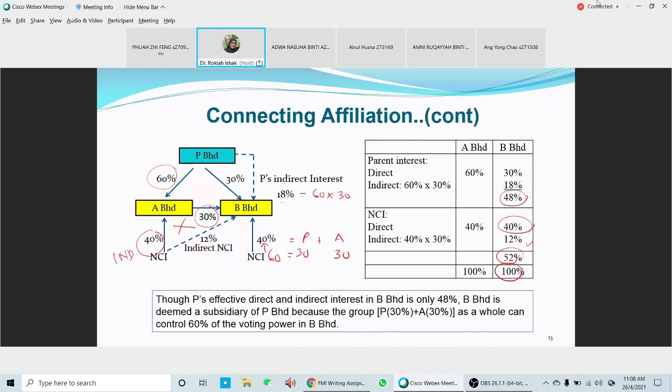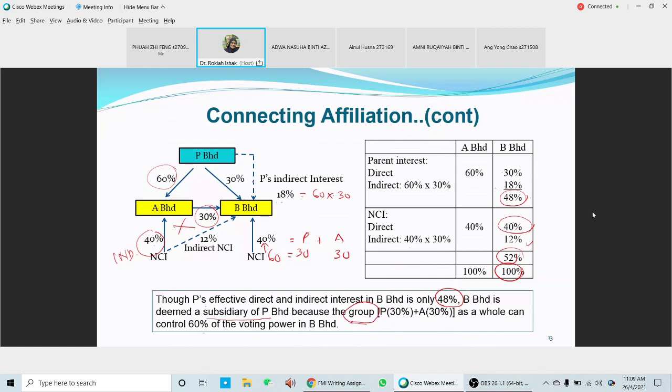P's effective direct and indirect interest in B is only 48%. Even so, B is deemed a subsidiary of P because the group as a whole can control 60% of the voting power in B. Where do we get this group as a whole?